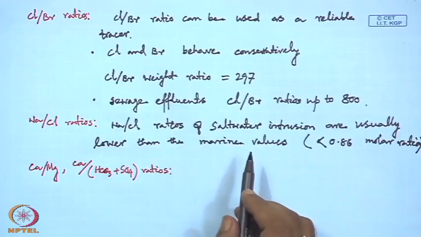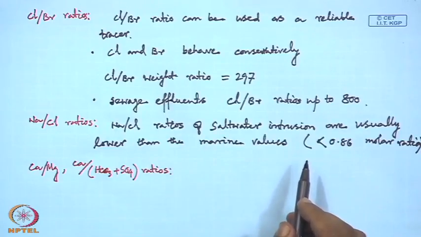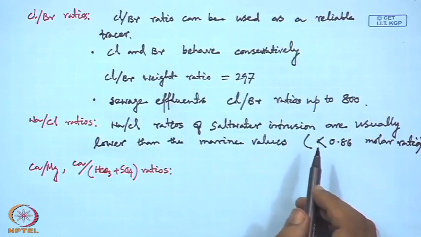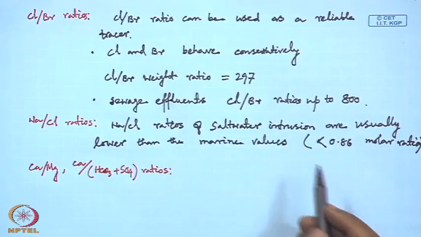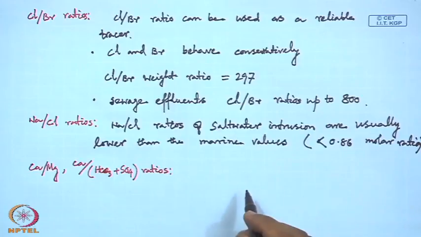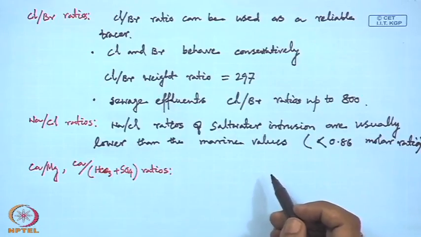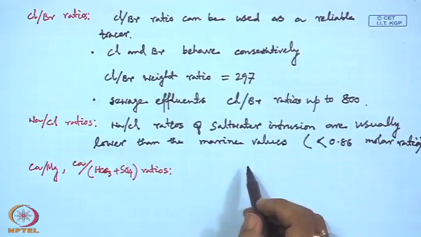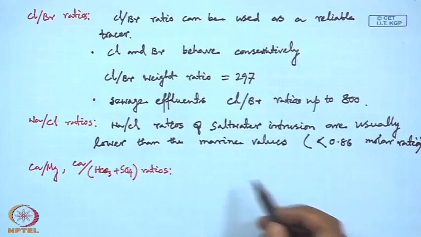These two ratios in seawater indicate a high saltwater intrusion if they have a value greater than 1.